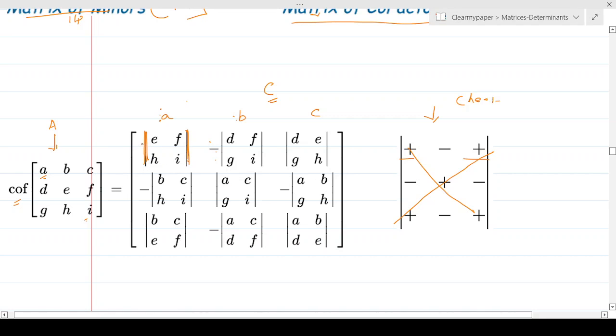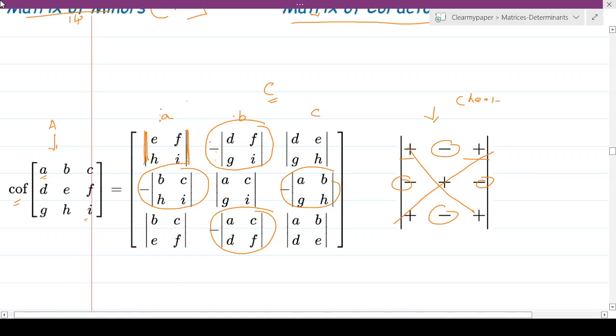Whatever is the incoming number in terms of sign, it will remain as it is. And the 4 elements which are not on the diagonal, this piece, this piece, this piece, and this piece, all of them have negative signs. That's what cofactor is all about, as simple as that.